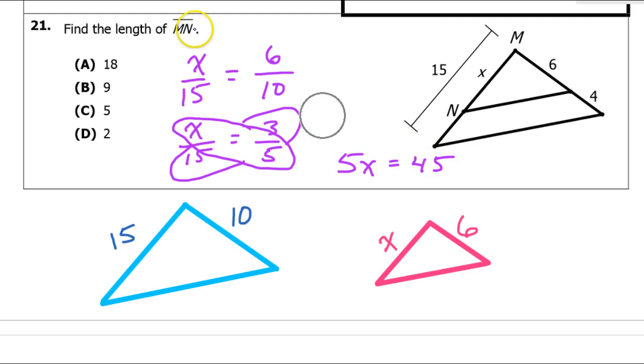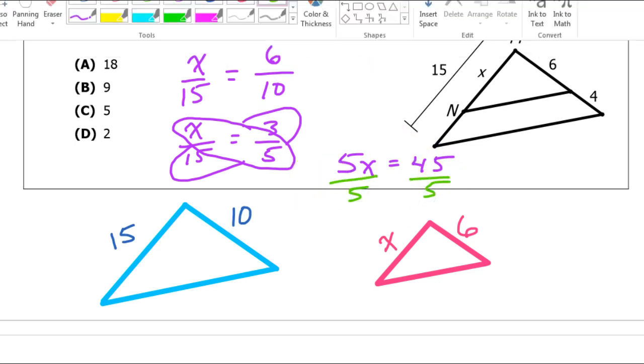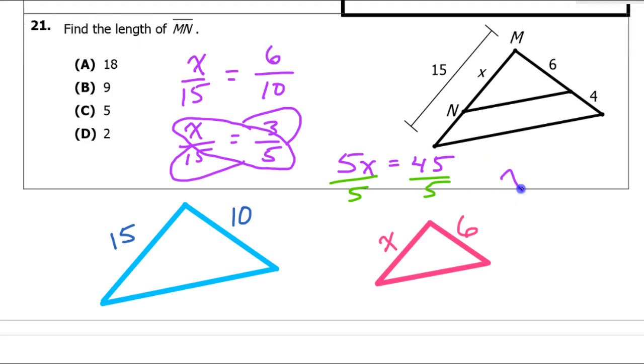So I have 5x equals 45. Then when I divide both sides by 5, I end up with x is equal to 9. Now we were supposed to find the length of MN, and the length of MN is just x. So that's going to be 9. So the answer is B.